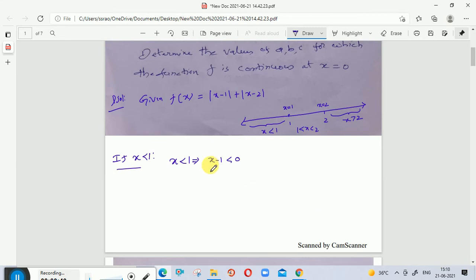X minus 1 less than 0, then modulus of x minus 1 is equal to minus of x minus 1, that is equal to 1 minus x. Okay?